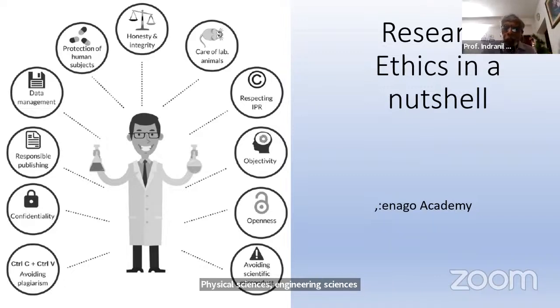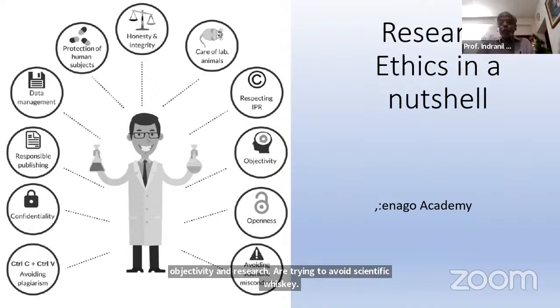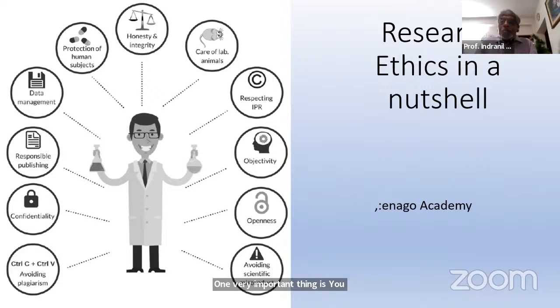So openness and objectivity in research, trying to avoid scientific misconduct. See, one very important thing is researchers should be made aware of what we mean by the term scientific misconduct. What is the connotation of the term scientific misconduct?